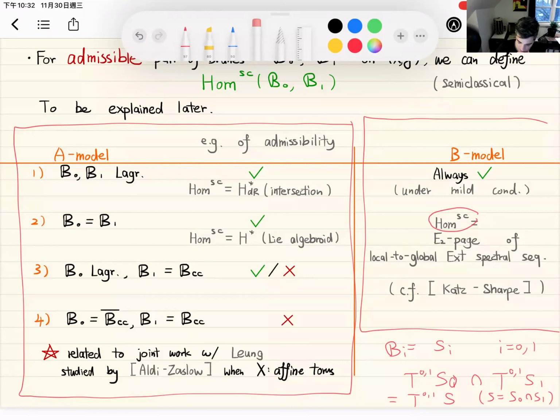We're not talking about general coherent sheaves. Okay, so S0 and S1 are smooth. I got it. What about S0 intersect S1? Because we also need to have the clean intersection. We also assume that the intersection S is smooth in this case.